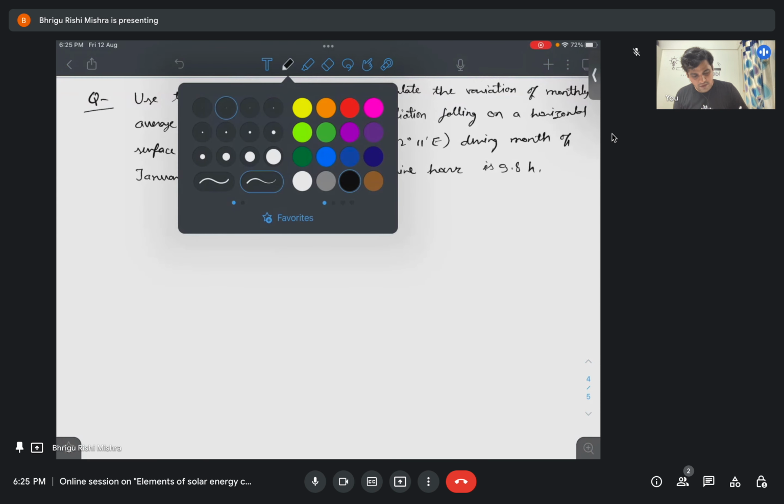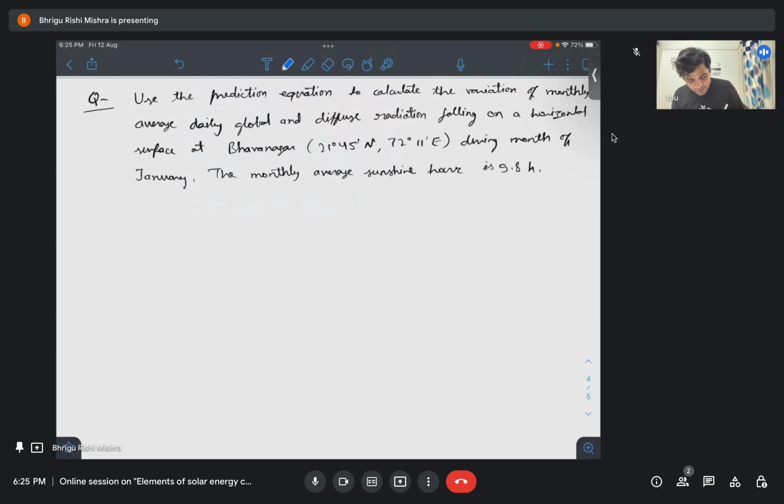Okay, so the location is Bhavnagar, latitude is given as 21 degree 45 minute north.